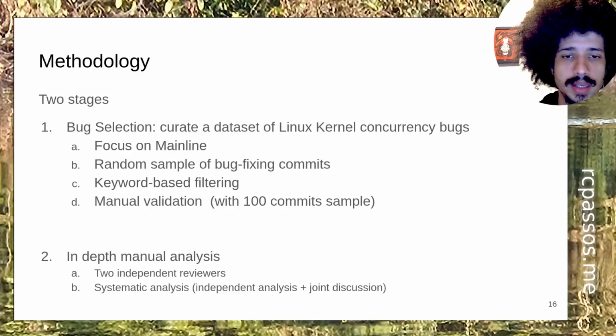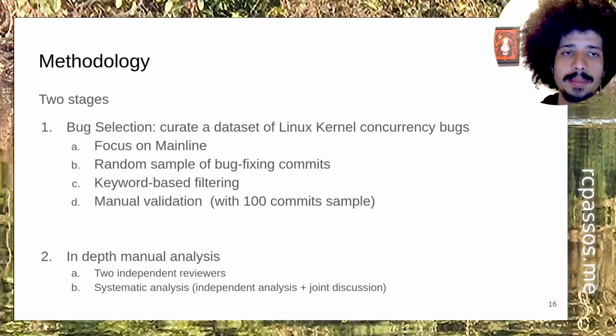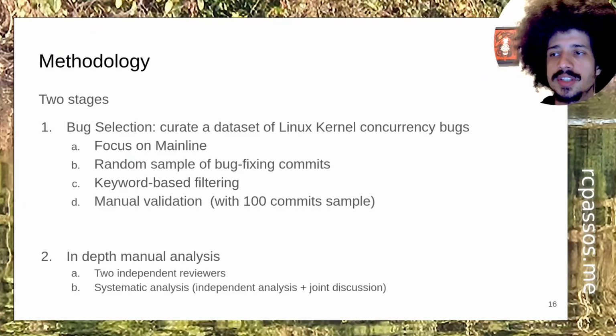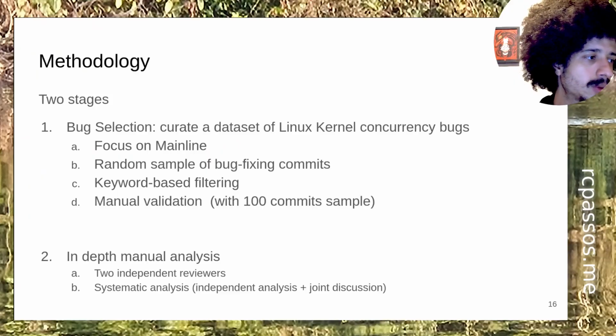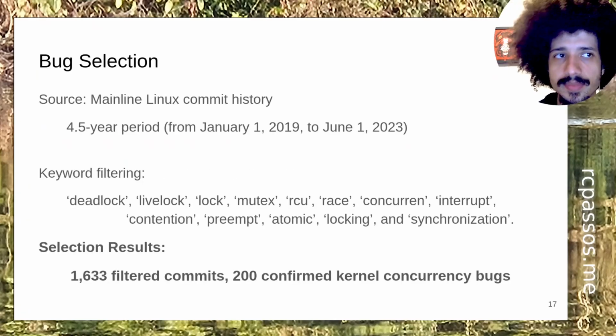We have a systematic analysis. Two researchers independently review every commit that was captured by the system, and after that we have a joint discussion where we analyze and resolve cases where the researchers came to a different conclusion.